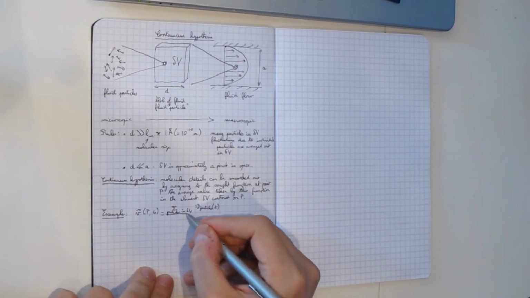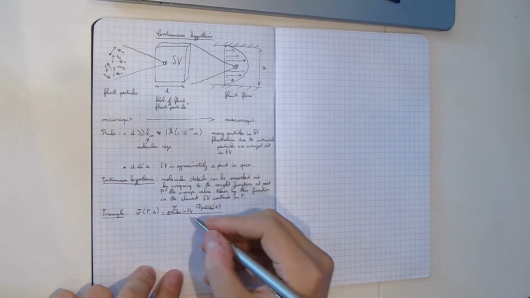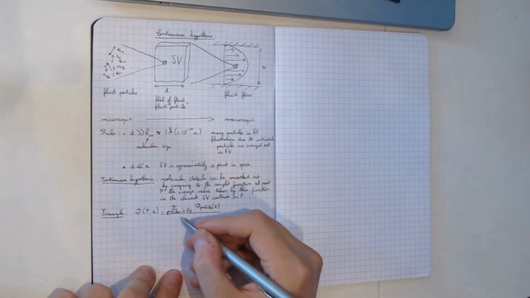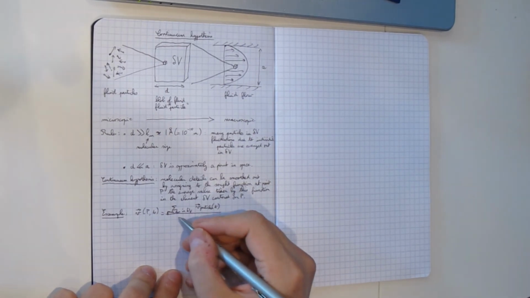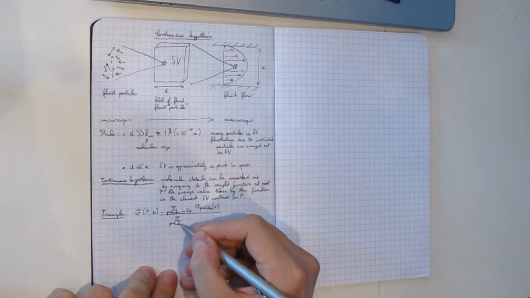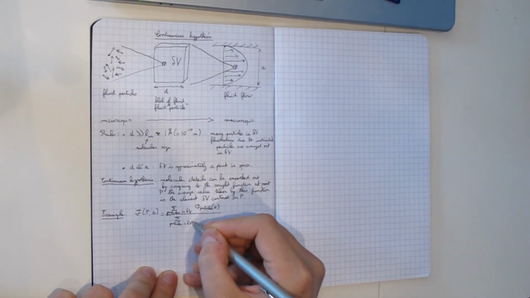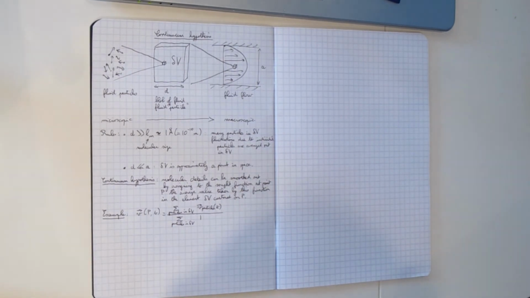And then we need to divide by the number of particles in delta V. So that's going to be the sum over the particles in delta V of 1. Okay? So that will be defining our velocity.